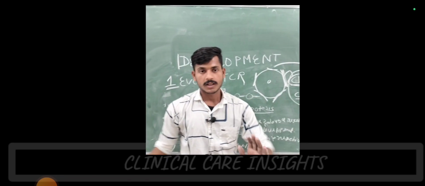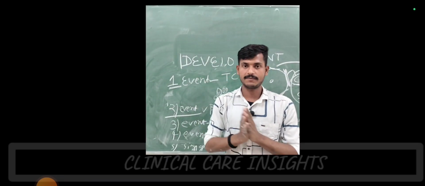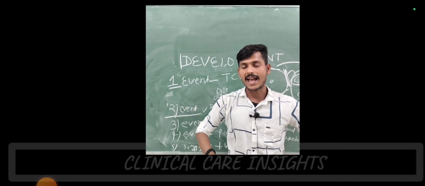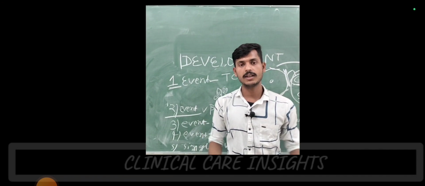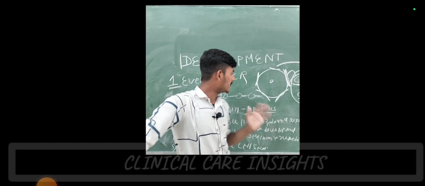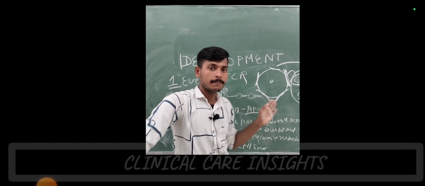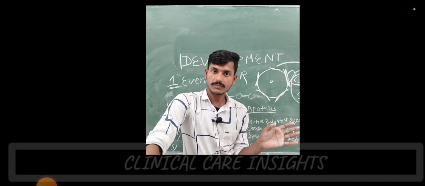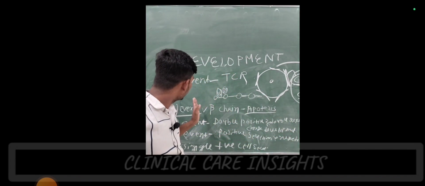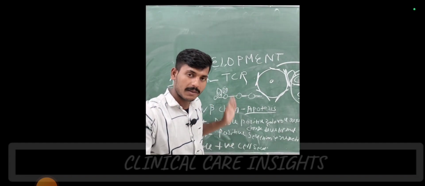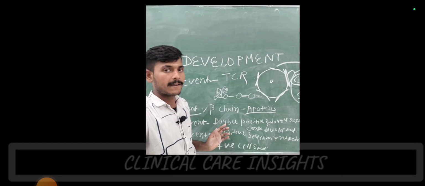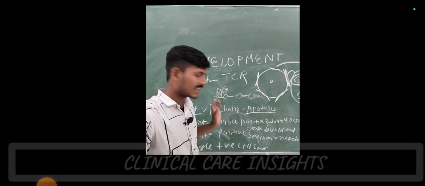What happened during our intrauterine life? During our intrauterine life, we have some lymphoid tissue, the hemopoietic cells which derive from the embryo, and they go to the premature liver. Then when birth happens and organogenesis occurs, they migrate into the bone marrow, where they are known as pluripotent stem cells.